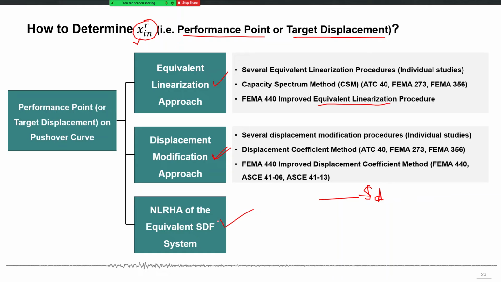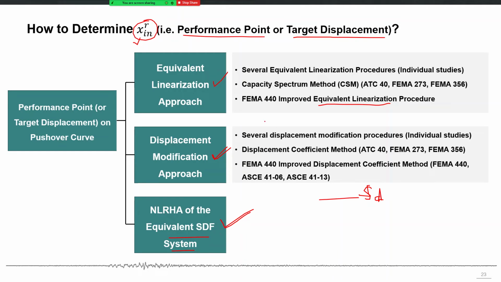And a third approach is that you convert your multiple degree of freedom system into an equivalent nonlinear single degree of freedom system and perform the dynamic analysis for that single degree of freedom system only. The peak response of that single degree of freedom system will provide you the target displacement.